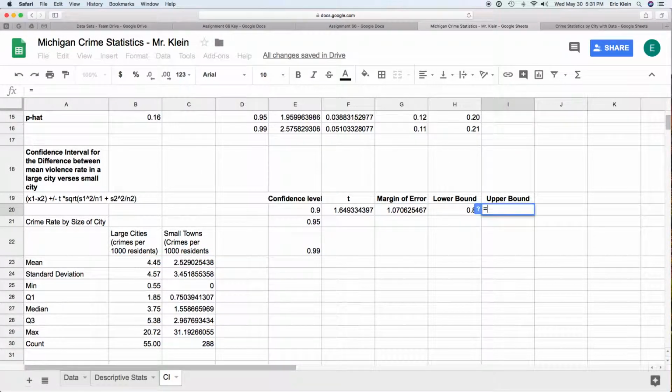If you want the upper bound, you do the exact same thing, mean minus mean, but this time we want to add onto it the margin of error. Okay, so we got our values here.